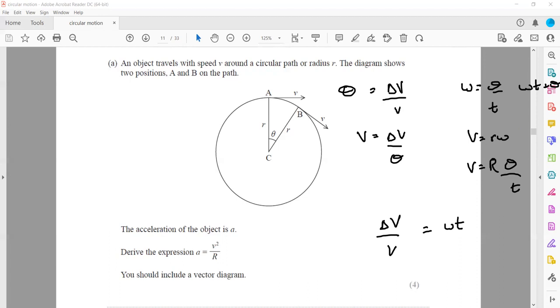If we simplify this, T is multiplied so on the other side it will be divided, and V is divided so on the other side it will be multiplied. So delta V over T is equal to V omega. What is delta V over T? That is the change in velocity over time, or acceleration. So acceleration is equal to V omega.